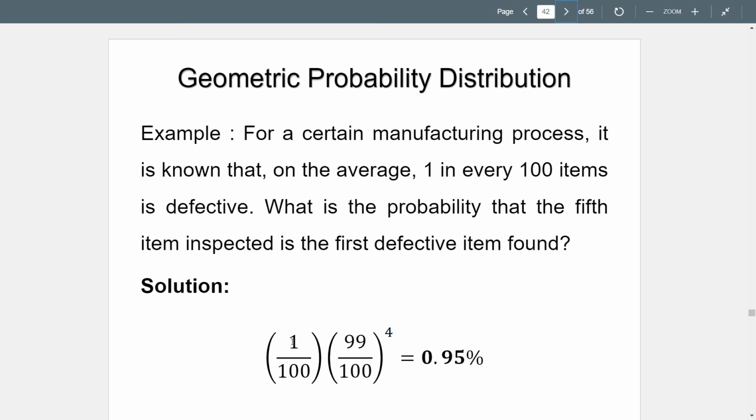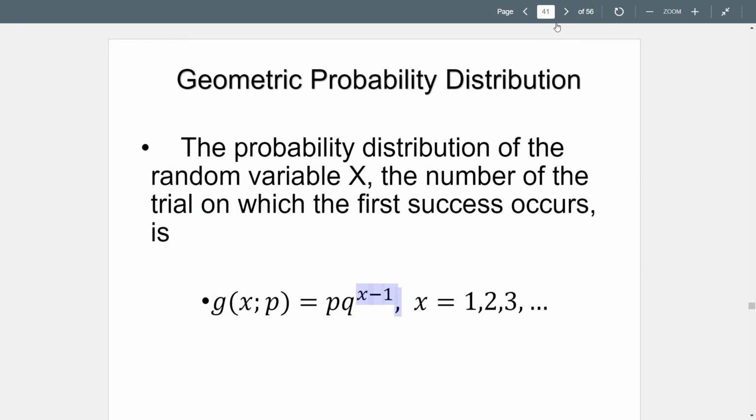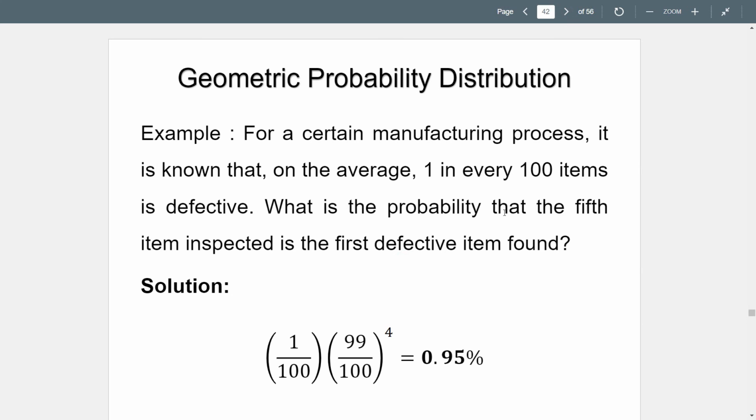The probability of success is 1 out of 100 if that is defective, and the probability of failure will be 99 out of 100, and this 4 is based on your formula, x minus 1. So the fifth item will be your x, so x minus 1 is 5 minus 1, which gives us 4, so you have a 0.95% chance.